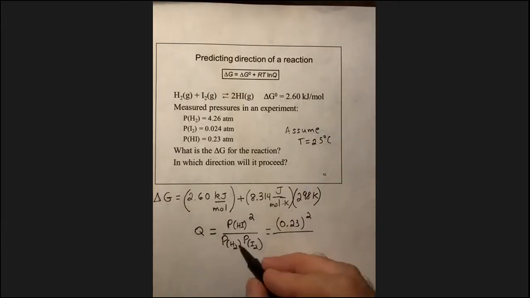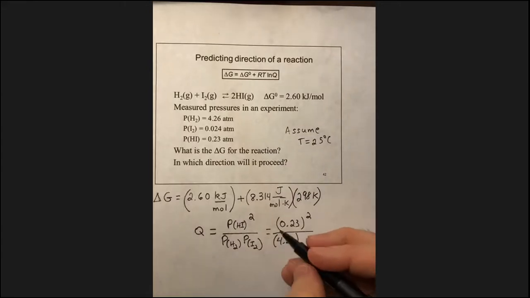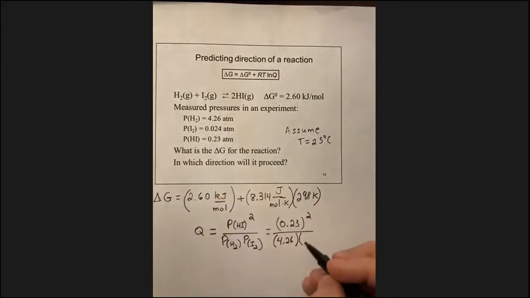The pressure of hydrogen is 4.26 atmospheres. And remember, when we calculate any form of equilibrium constant, including the reaction quotients, we're not concerned with units. Iodine is 0.024.